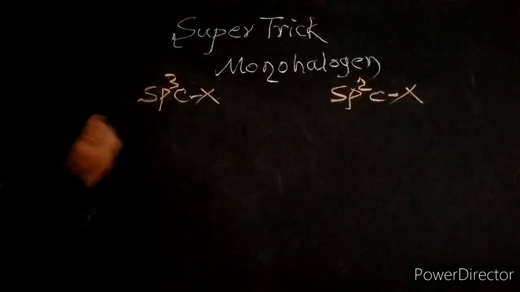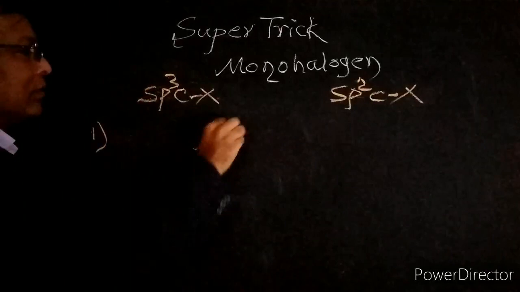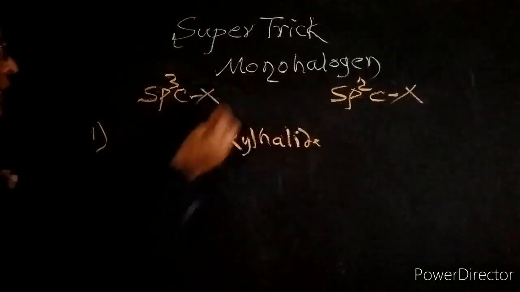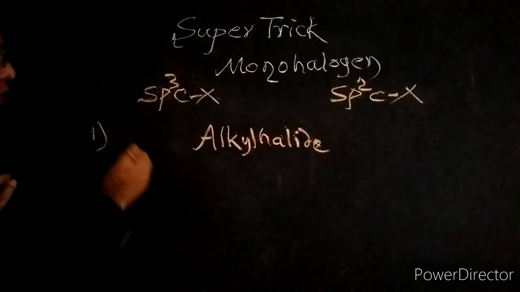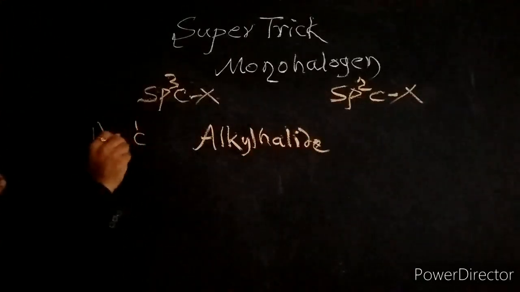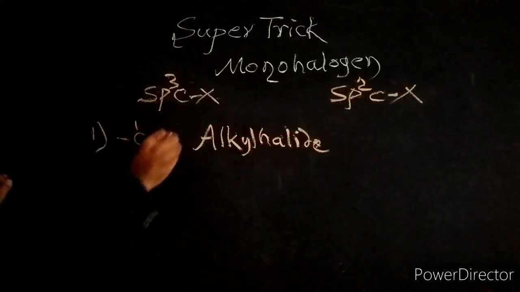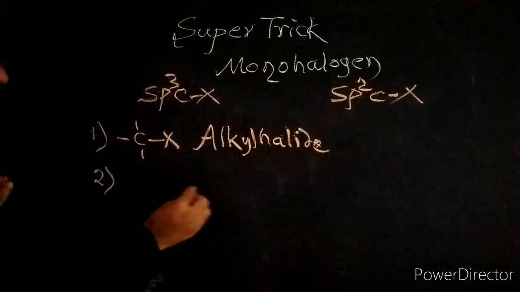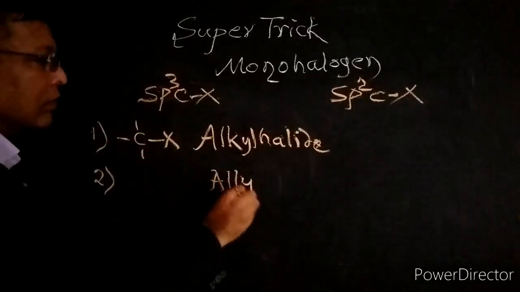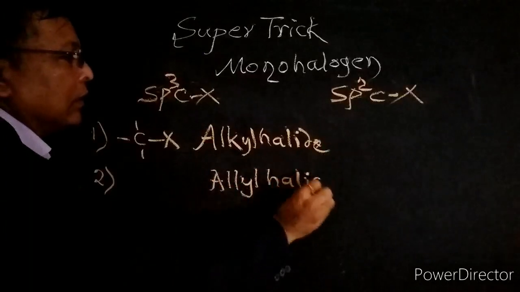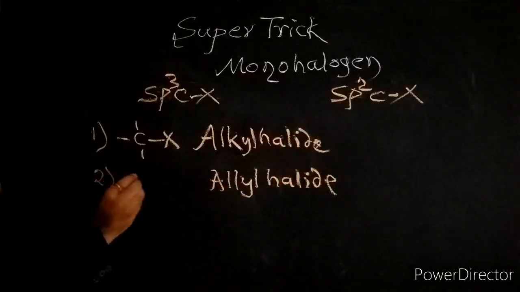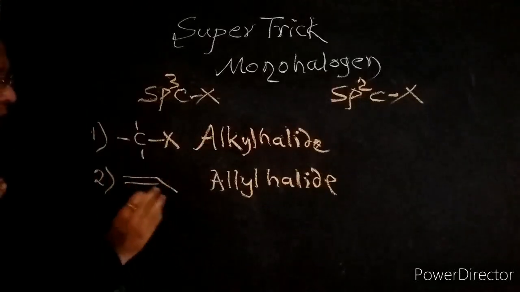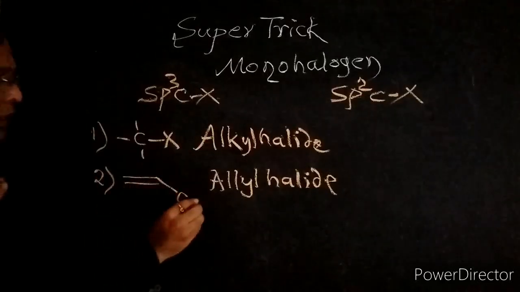The first type is alkyl halide, that is when the halogen atom is attached to a singly bonded carbon atom. Second one is allyl halide, that is when the halogen atom is attached to the carbon atom next to a carbon-carbon double bond.